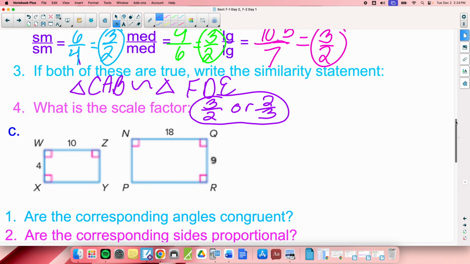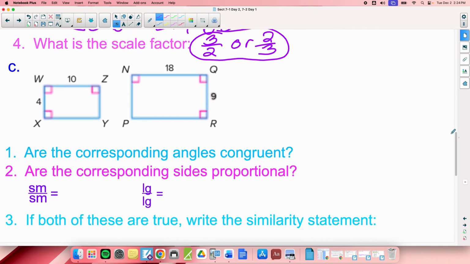Okay. Now, if I look at this one, do you guys know that a 4-sided figure has 360 degrees? Did you guys know that? So if these are 90 plus 90 plus 90, that is 270, and 360 minus 270 is 90.